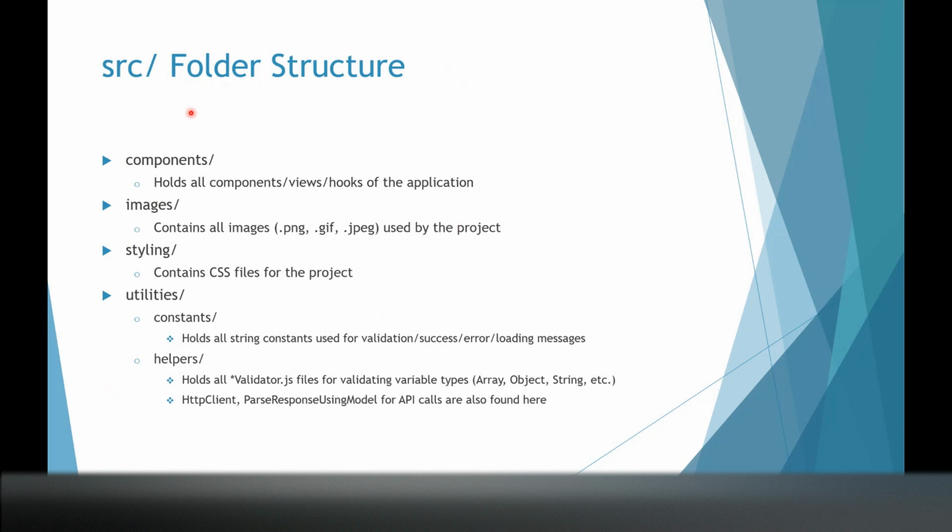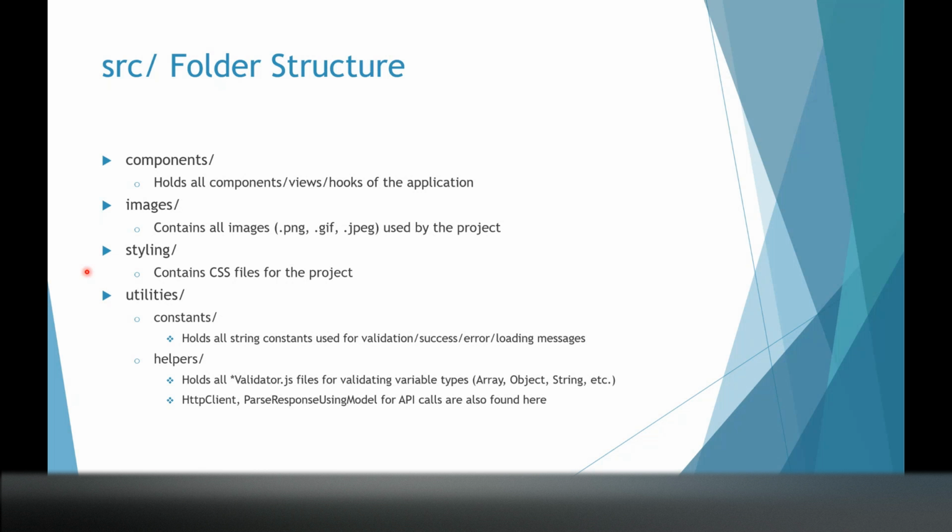So the source folder contains the components, the images, the styling, and the utilities folder. And this is a setup that is created ever since CLF POE, just so that we can have a better distinction between all the components, and also just any contents that are needed within those components.